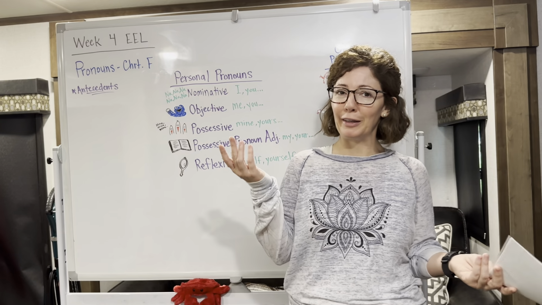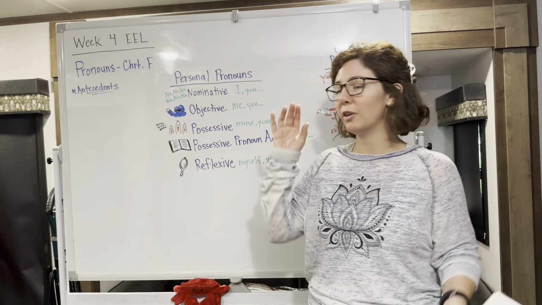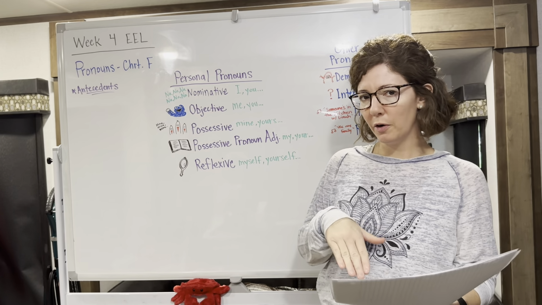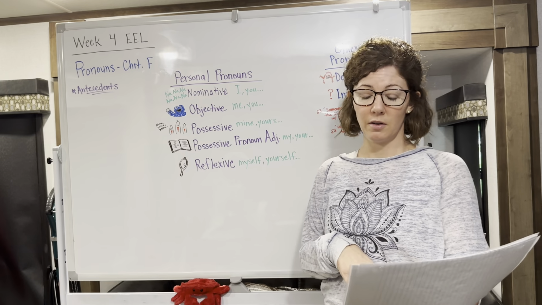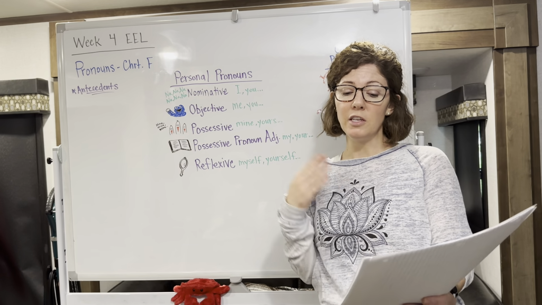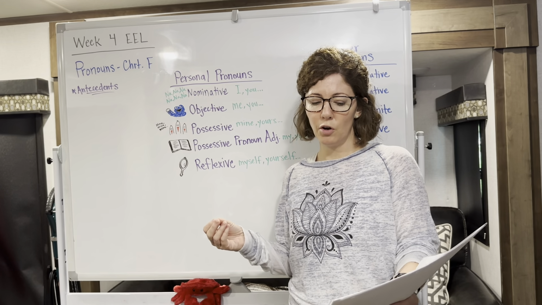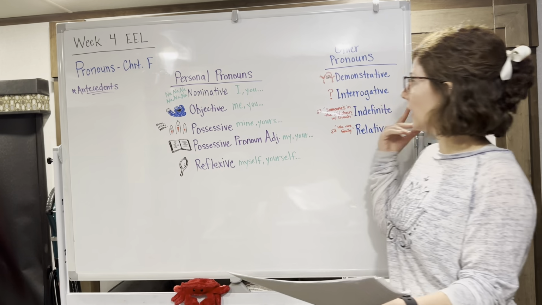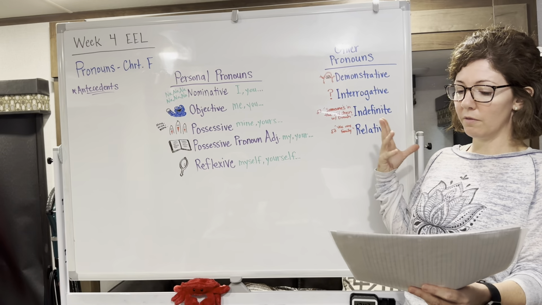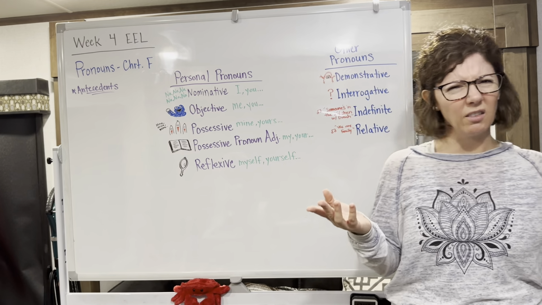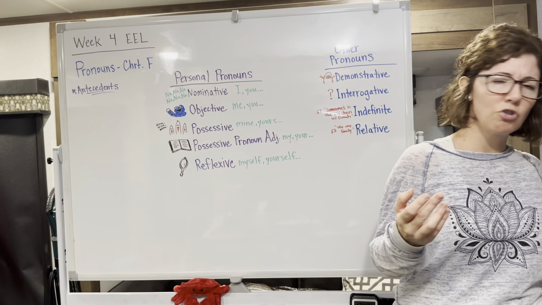That's it. You did really good. That's your chart F, your pronouns. And there's one thing at the bottom here under our other pronouns. There's a little asterisk, and it says, attributes of these pronouns are determined by their antecedents. What is an antecedent? That's a big, strange word.